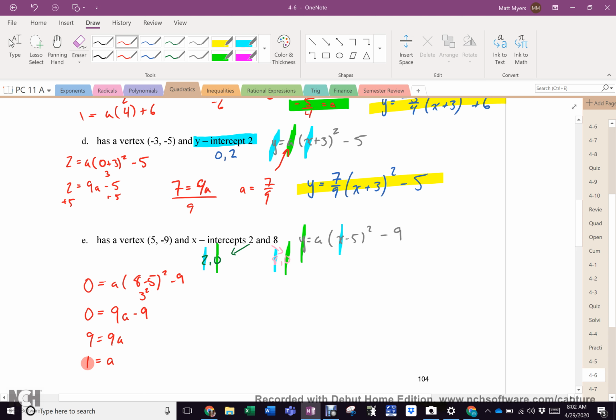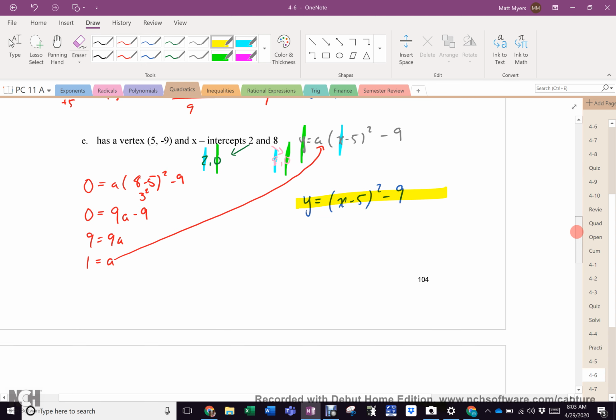A equals 1. And since a is 1, we never write that down. So our final answer is y equals (x minus 5) squared minus 9. Alrighty, and there's our final.